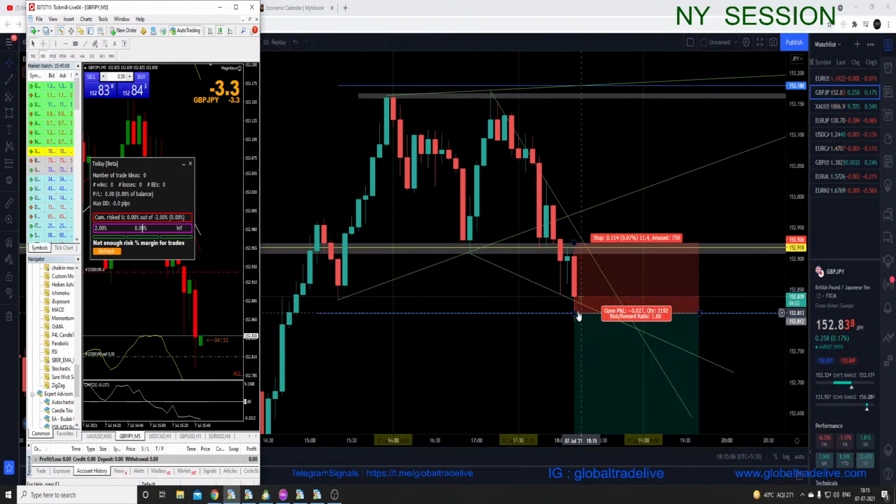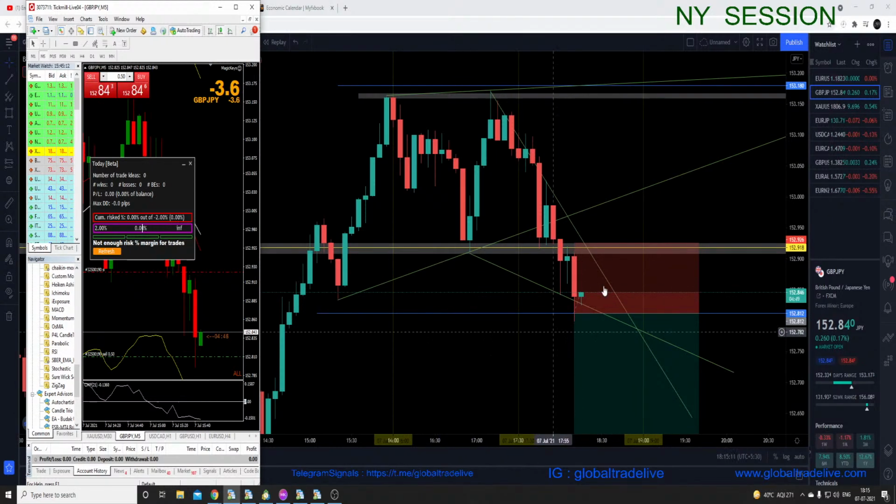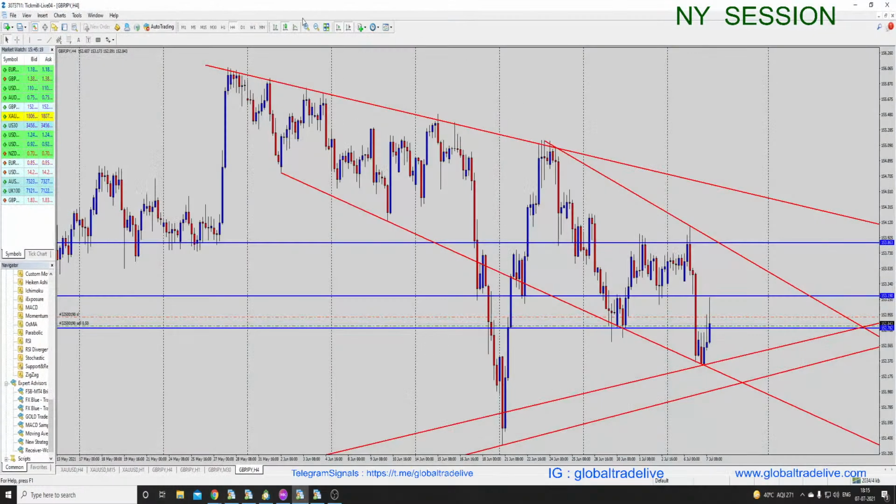Oh, so this candle just closed inside this trend line here. That's not a good sign. The 15-minute candle closed.